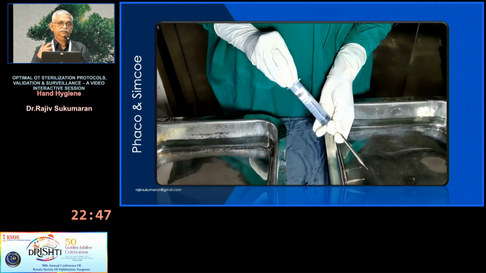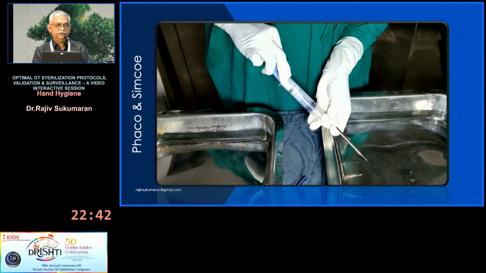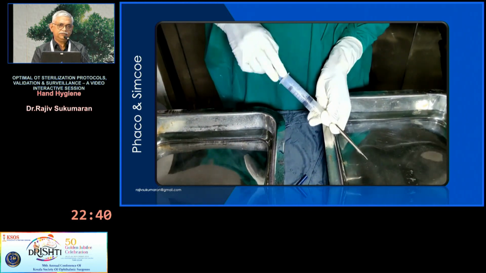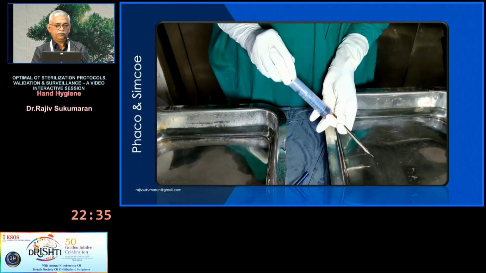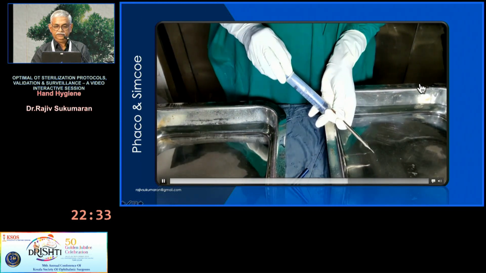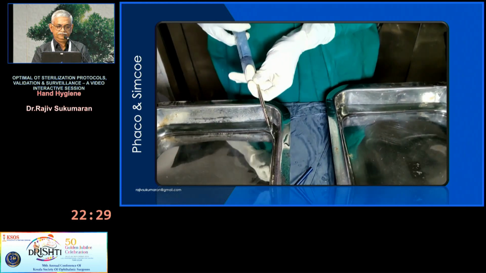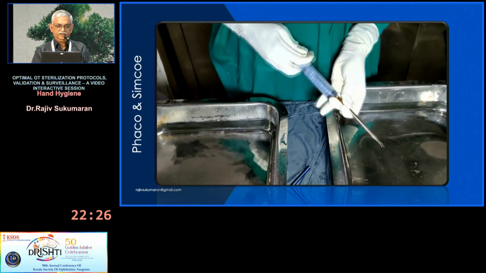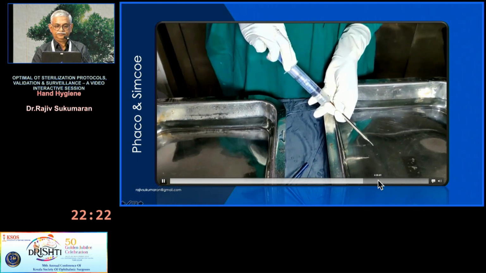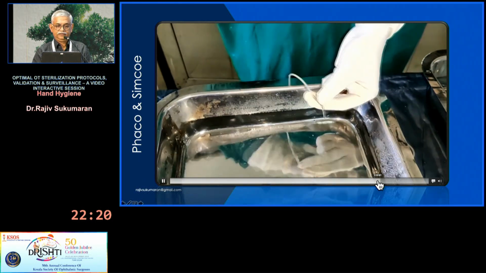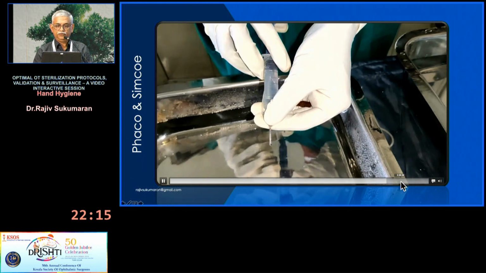We think that when we push it out, we are going to push out all the dirt within it, or the nucleus matter or the cortical matter which is inside. But this is the proper way of doing it. The same thing applies to the Simcoe cannula also. It should be unidirectional, the same way as the fluid flows through it.